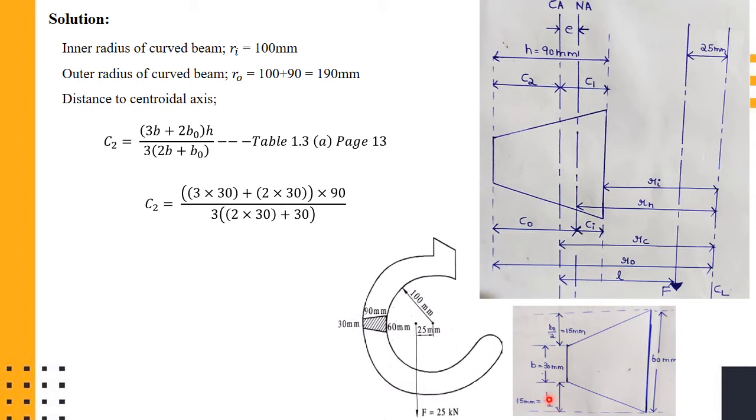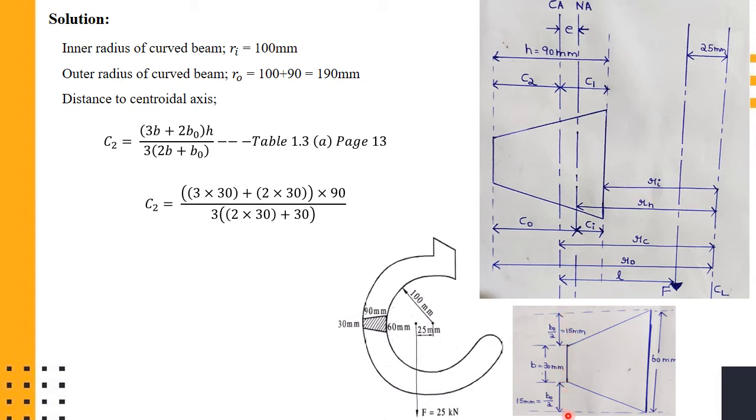So 2 gets cancelled and it will be b0. So you have to add this distance and this distance to get the b0 value. As you can see here, the smaller side distance is 30 mm, the larger side distance is 60 mm, so this distance will basically be 15 mm.